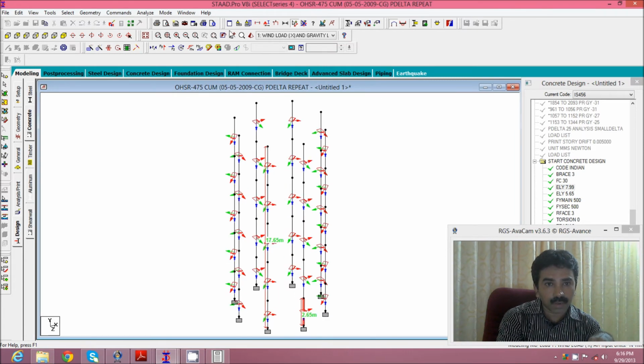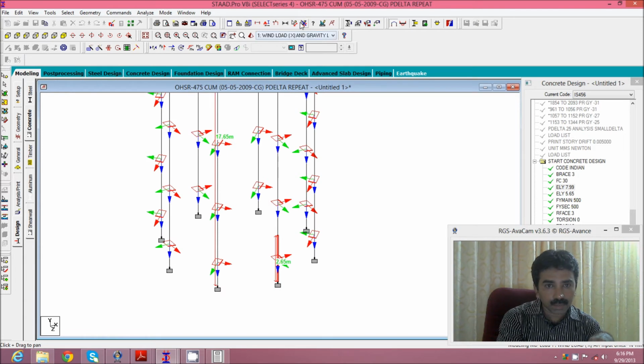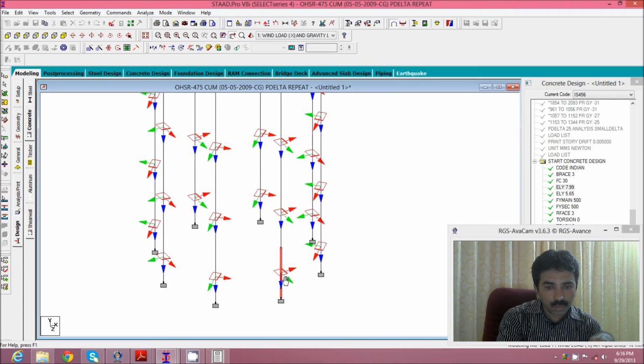Now this particular column, that is column number 3. Green indicates the Z axis and red indicates the Y axis. These are the local axes indicated here.